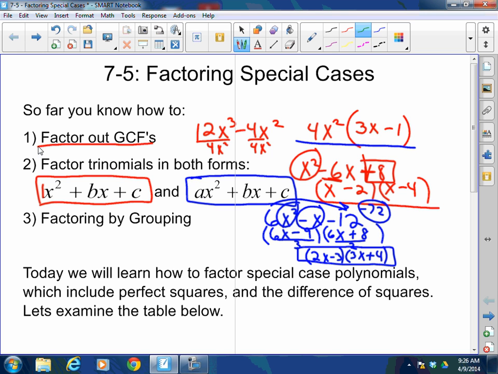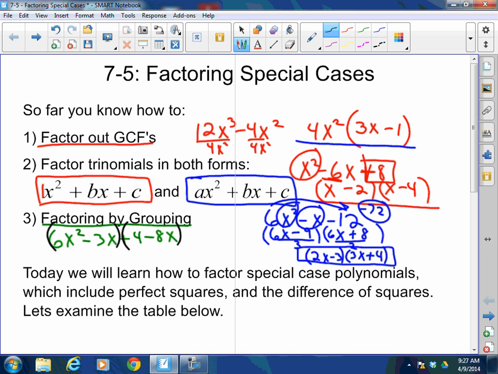Last thing that we've learned is factoring by grouping. This is where you create a common binomial and you factor out that common binomial, and the leftover factors are pulled out as the second binomial. For example, let's say I have 6x squared minus 3x plus 4 minus 8x. I first look to see if there's a GCF. There is no GCF here, so I group them.